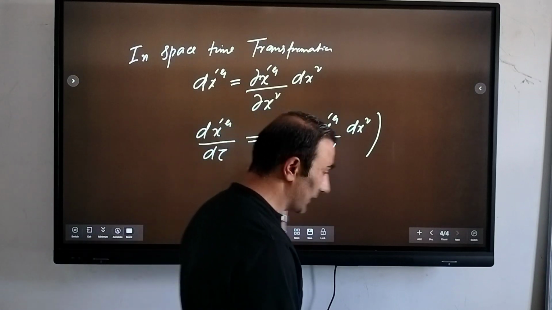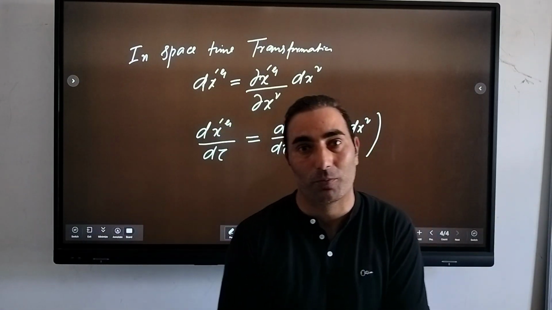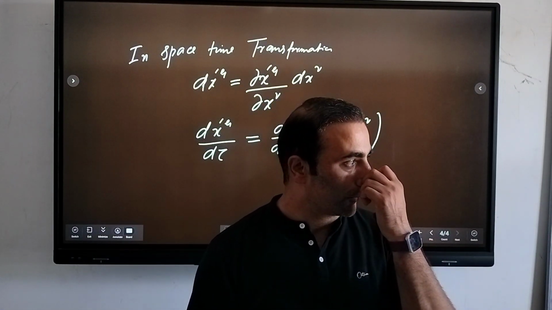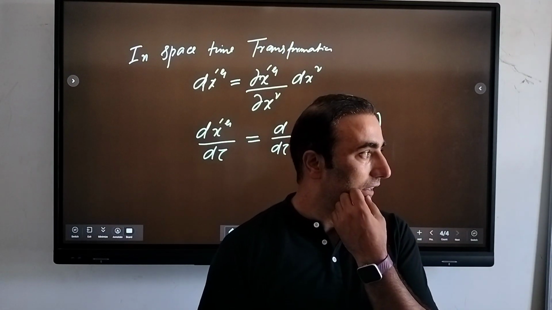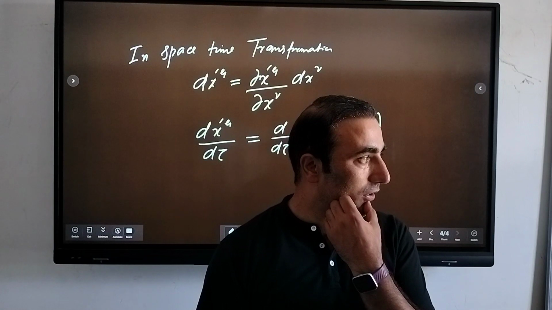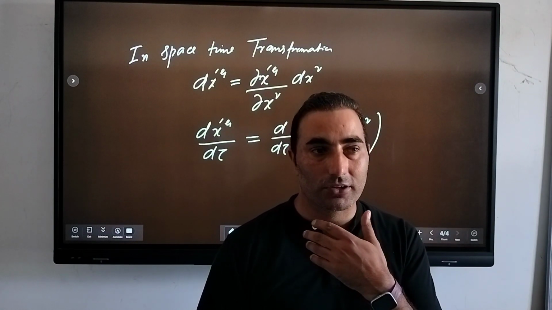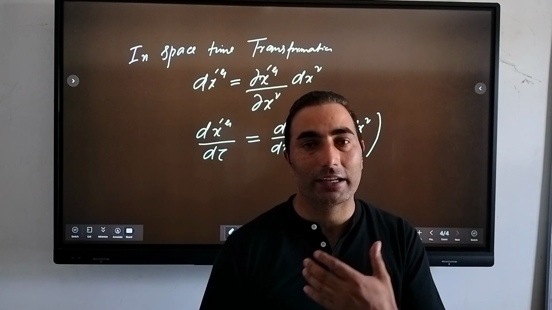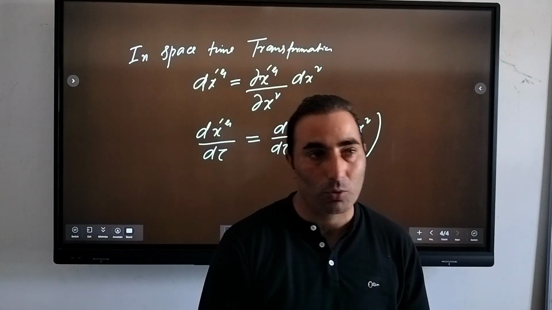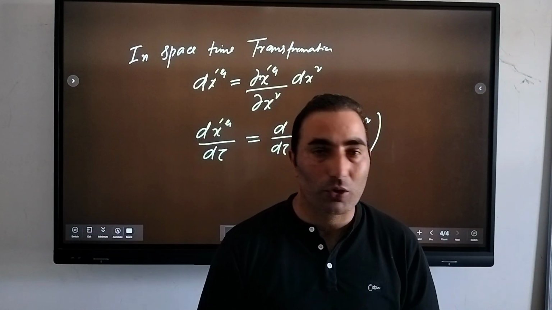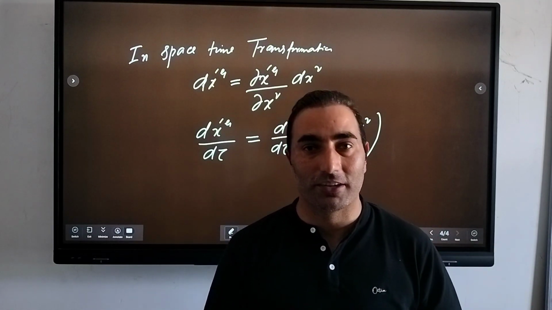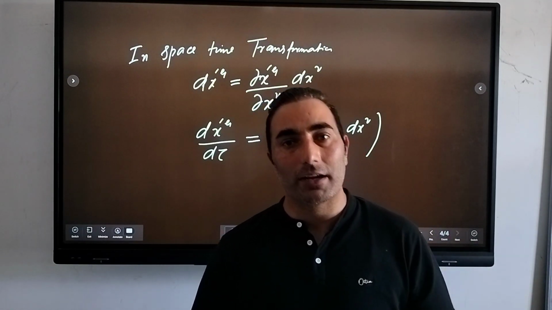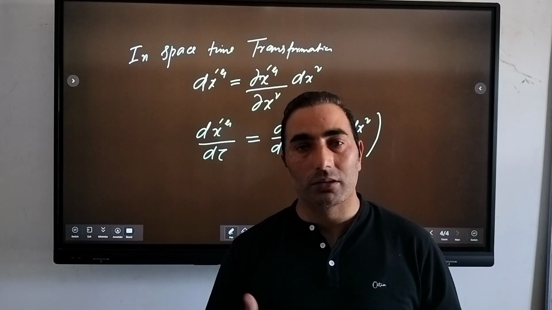I'm basically taking the proper time. In special relativity, you're taking the derivative with respect to the proper time, because proper time, as I already told you, is the time which remains the same for all frames of reference. It is independent of the frame of reference.